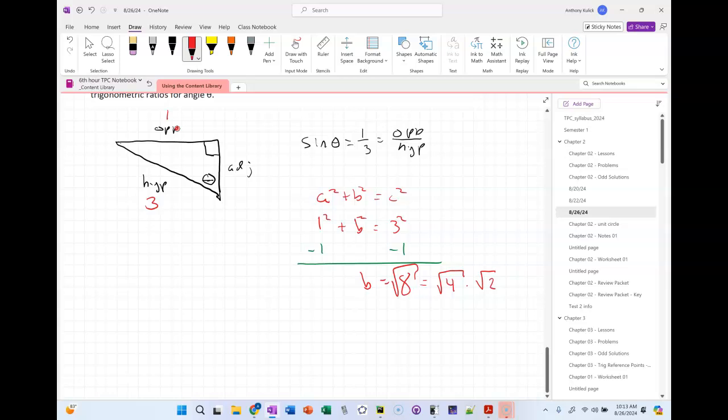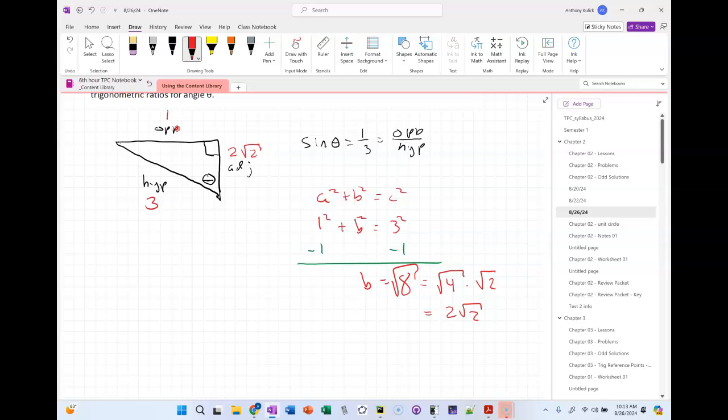The square root of 8, I can think of as the square root of 4 times the square root of 2. And I like that because the square root of 4 is a perfect square. That's just 2 root 2. And we're good, right? Is everybody happy?